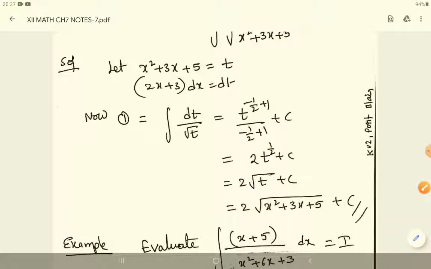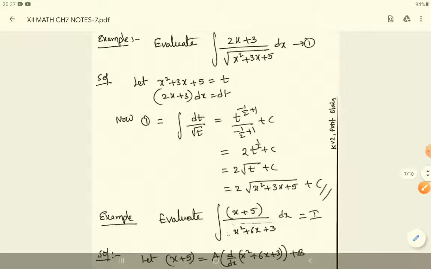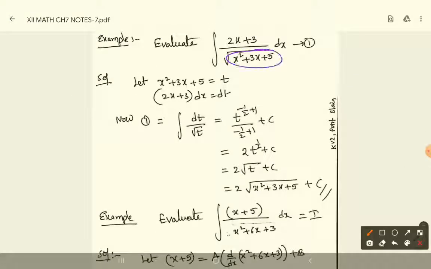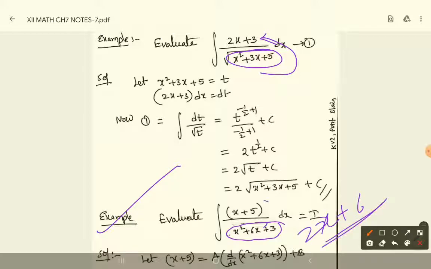Now in a similar way, see, in that case the denominator's derivative is present in the numerator. If that is not present, look at this example: x square plus 6x plus 3. What is the derivative of this? 2x plus 6. But 2x plus 6 is not present here; x plus 5 is there. This time I cannot directly take the denominator as t.